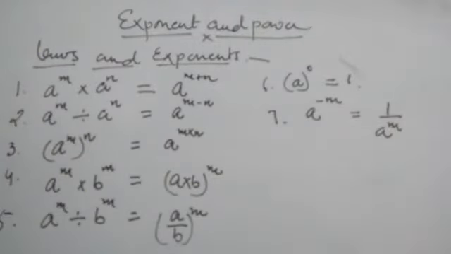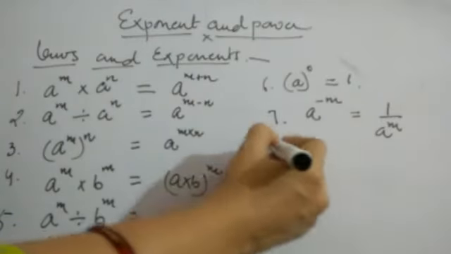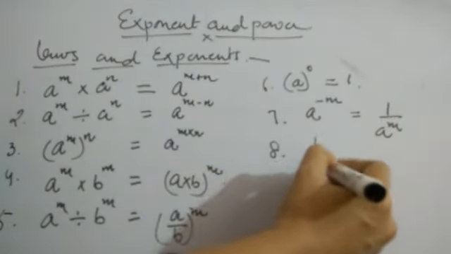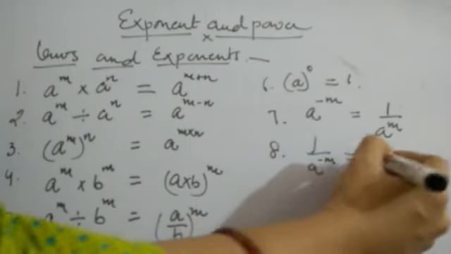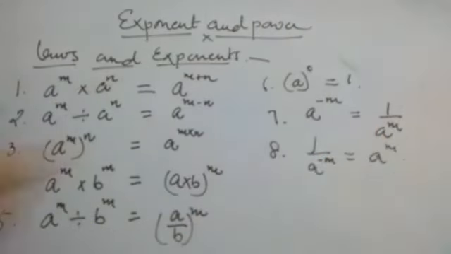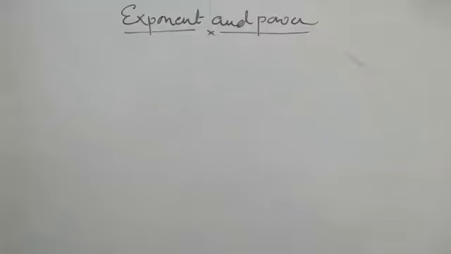If it is in the numerator, bring it in the denominator. If it is in the denominator, we take it to the numerator to make the power positive. Okay. So these are certain laws and then we will be doing the examples.